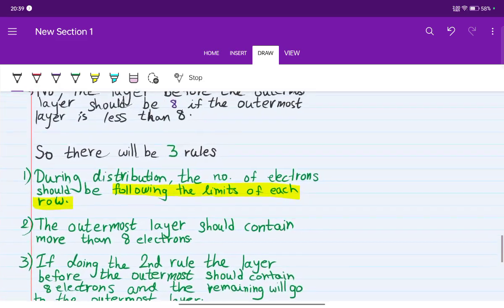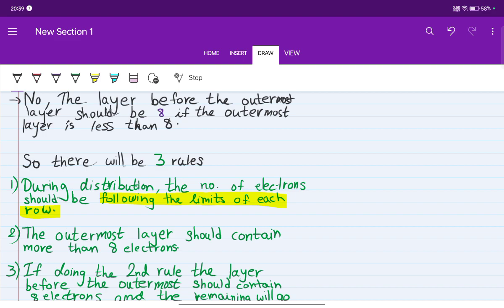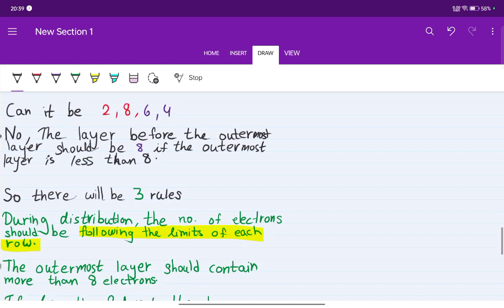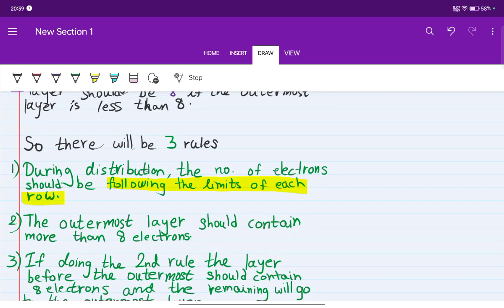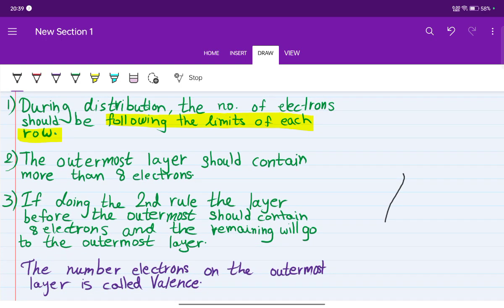We saw 3 rules. During distribution, the number of electrons should follow the limits of each row, meaning that in the first row only 2 electrons can fit, and in the second row only 8 electrons can fit. The outermost layer should not contain more than 8 electrons.